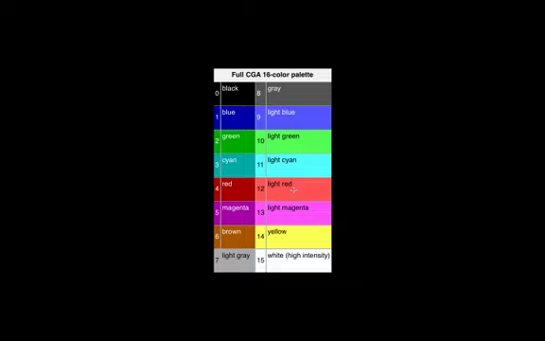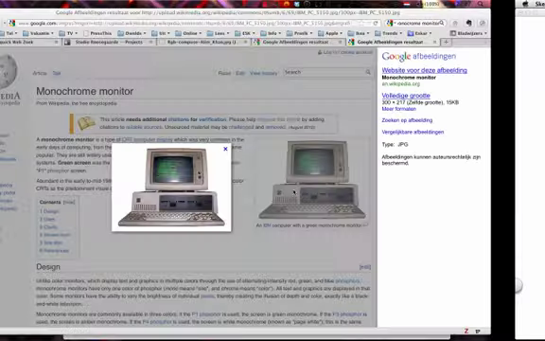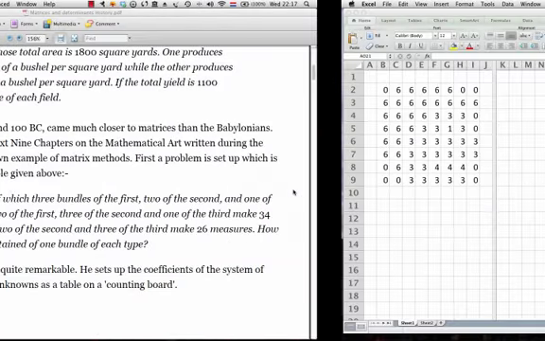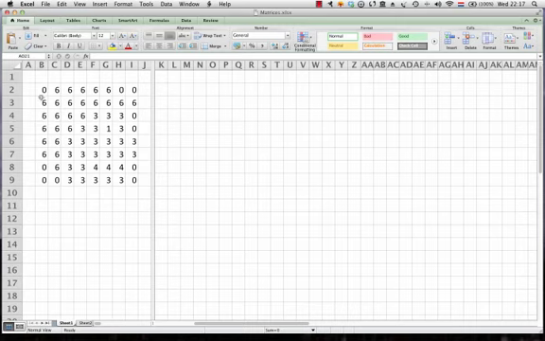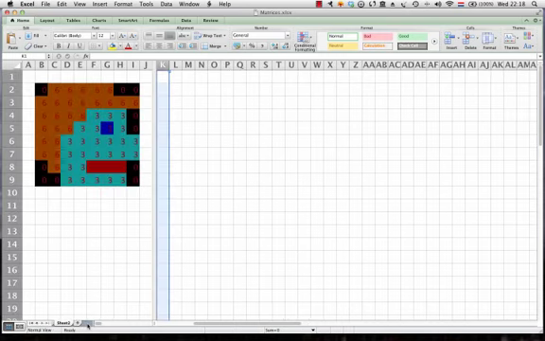Now, if we go back to our matrix in my Excel table here, you have here a matrix. And if you look at this table, this color table I just showed you, you can imagine that in fact this matrix is a picture.